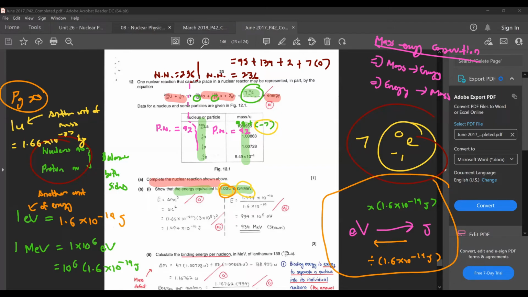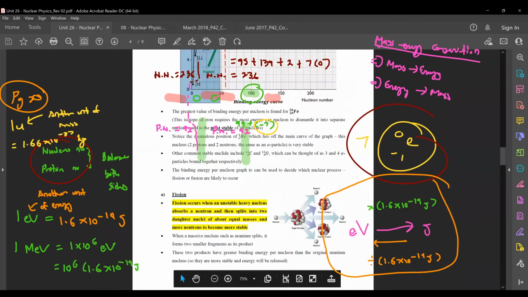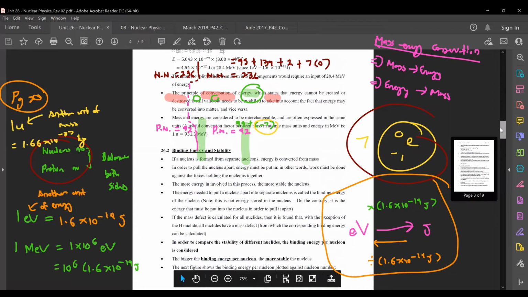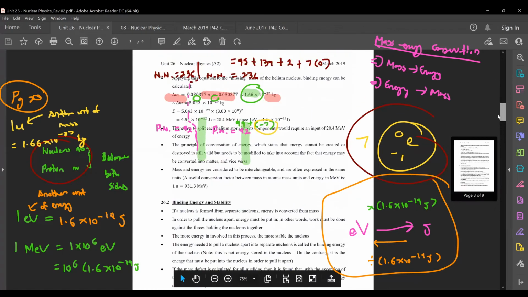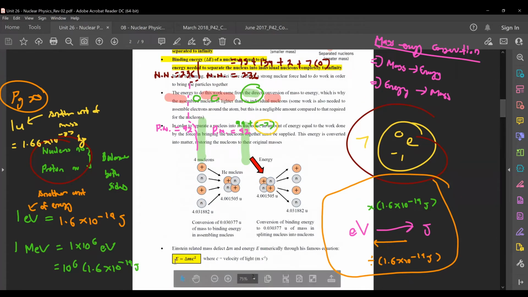Okay, so just now I told you that there's a particular equation that can be used to find binding energy, which is this one. Just now I told you that if you want to find the binding energy of a particular nucleus, you can use this one, right? E equals delta mc square, right?